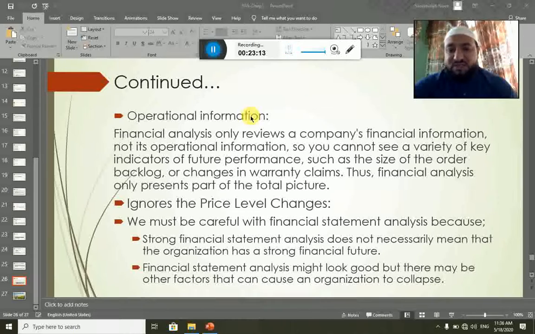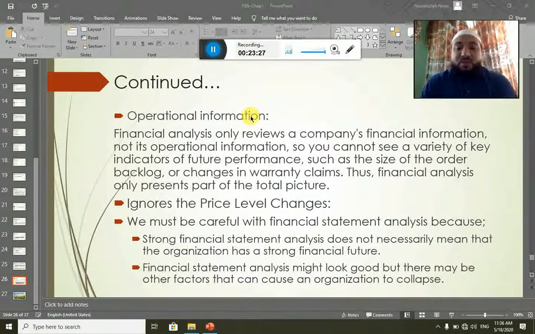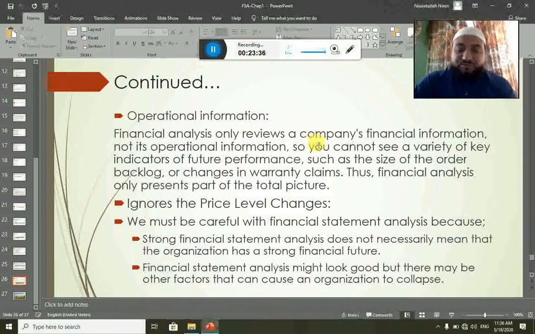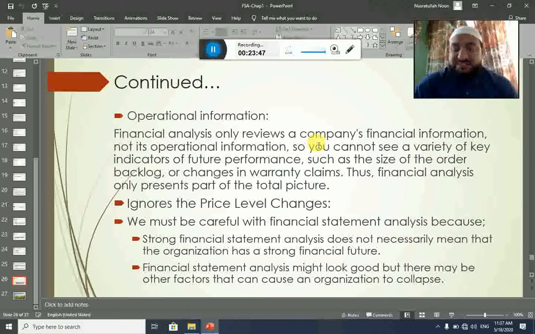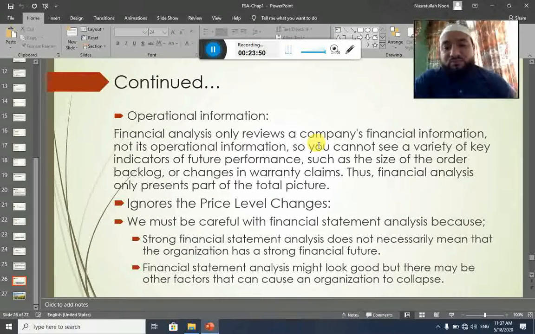Financial statement analysis might look good, but there may be other factors that can cause an organization to collapse. Our financial analysis may show that this organization is very strong, but if we do not consider things from the operational aspect, from price change, or from other aspects like the period aspect or the different items aspect, maybe in the future the organization collapses, right?